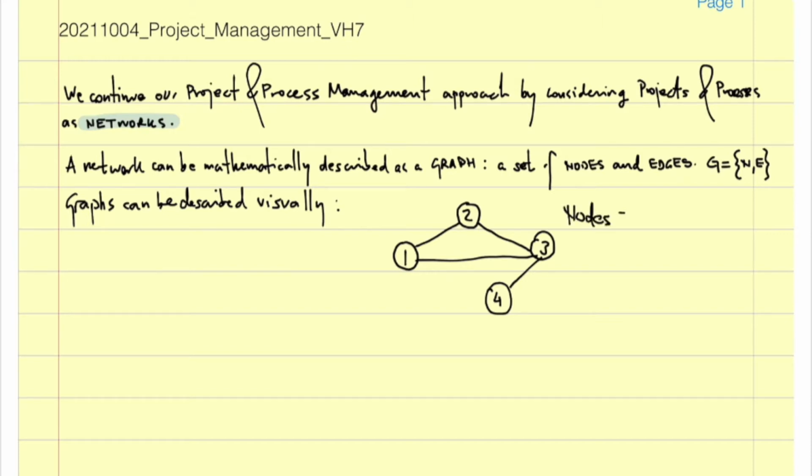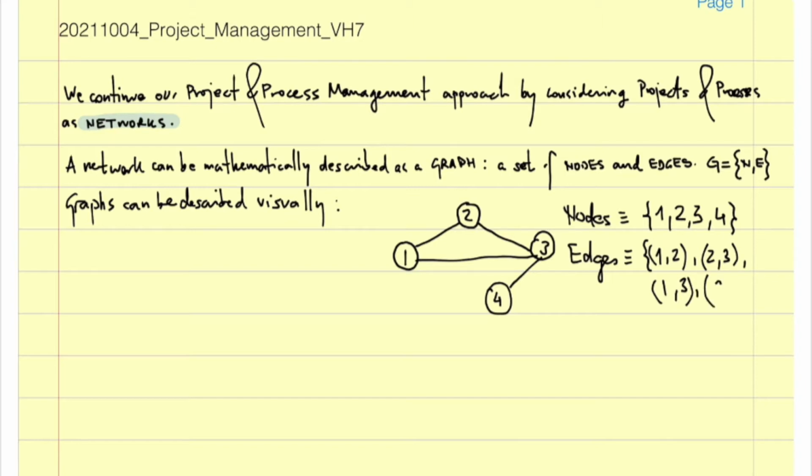The set of nodes is the set of 1, 2, 3, and 4. The set of edges is the connection between 1-2, 2-3, 1-3, and 3-4.